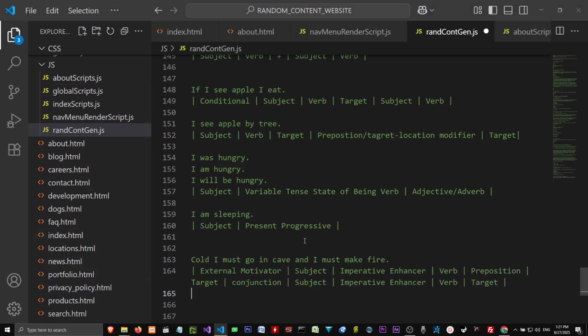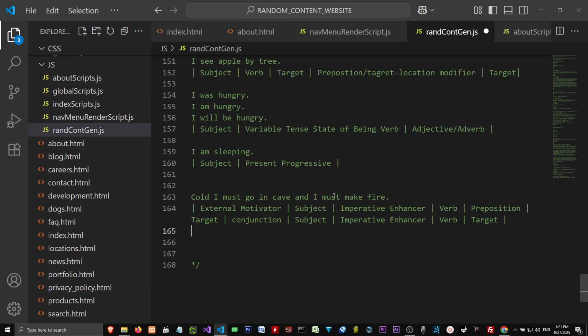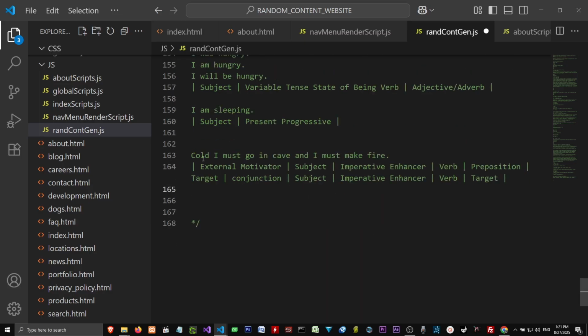Next up, cold. I must go in cave and I must make fire. So we have an external motivator, cold. Subject, I. And this isn't a formal term, the imperative enhancer is something I just kind of thought up. Must go. The imperative enhancer is the must or need. It says, hey, I need to do this to survive.